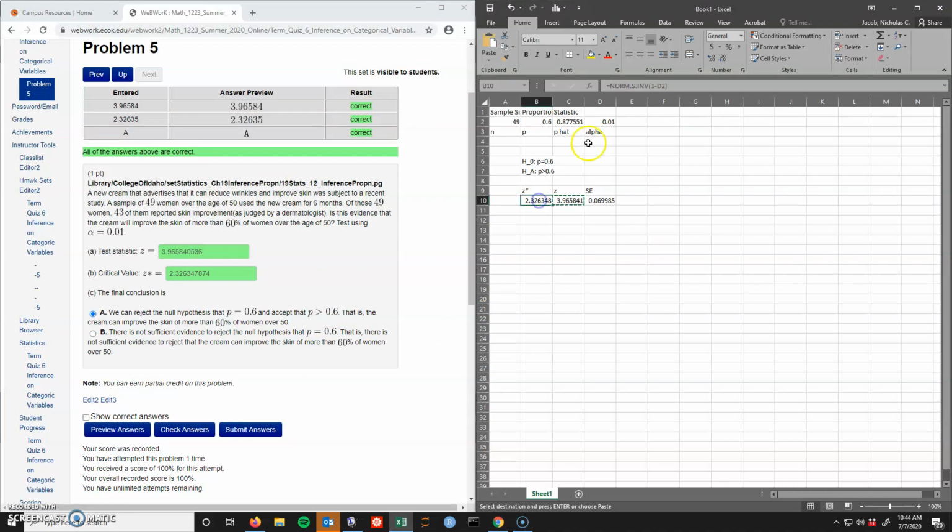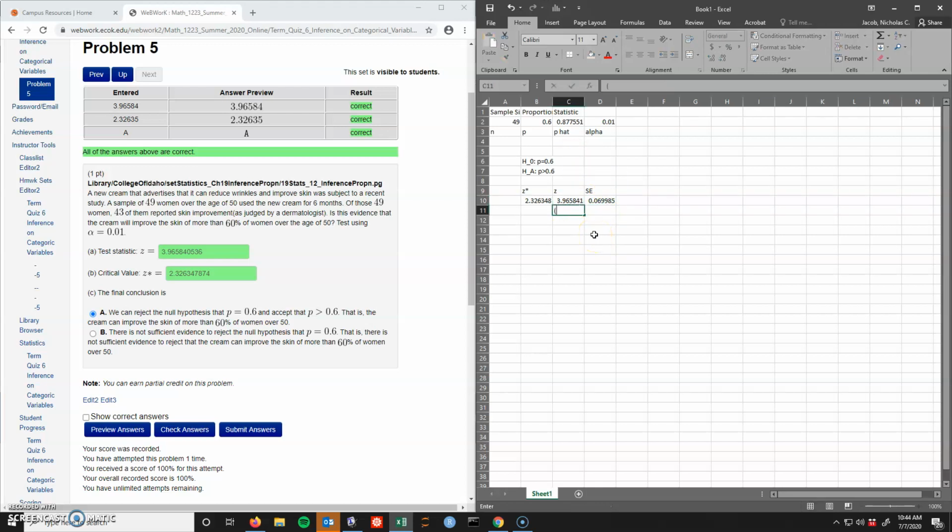Okay, so again, the z star, the critical value, is computed by writing the null and alternative hypotheses and examining whether it's one or two tailed. The test statistic is computed by taking the statistic minus the parameter divided by the standard error. The standard error has a formula that we know and love. Sorry, let me write the formulas here.